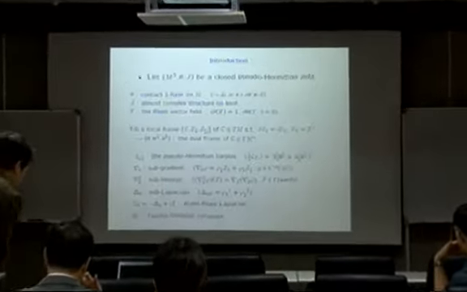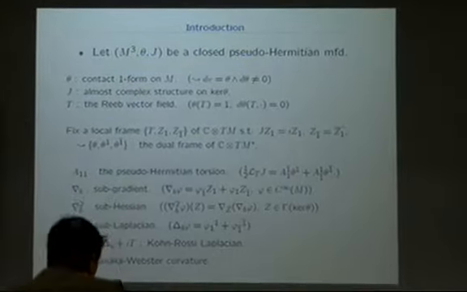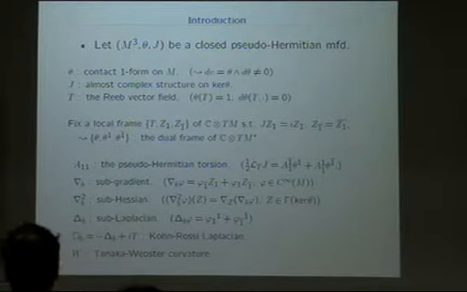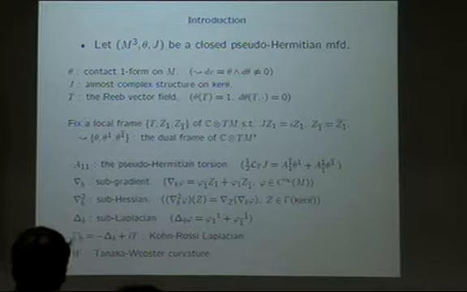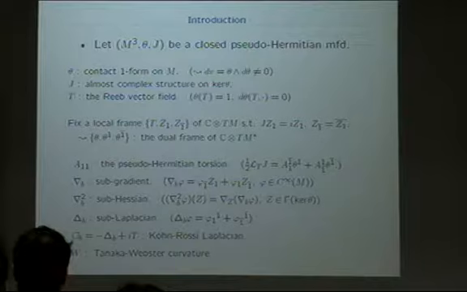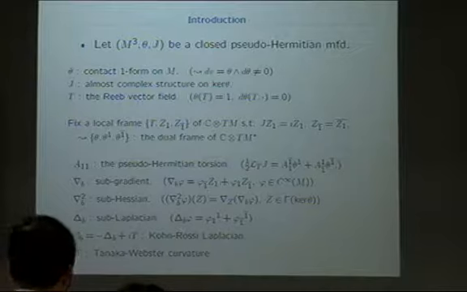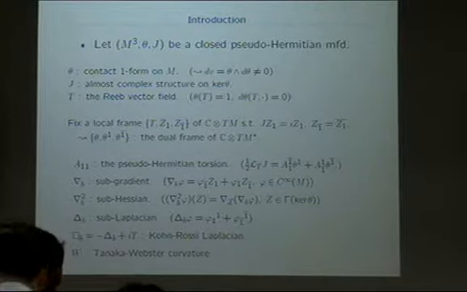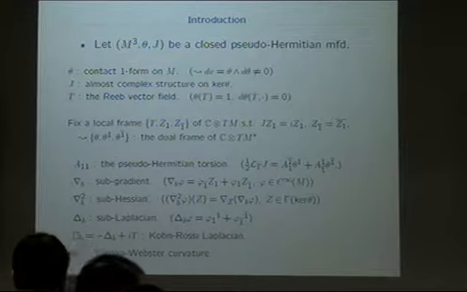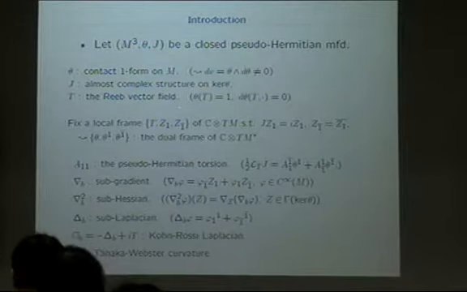It's known that on every strongly pseudo-convex manifold we have these structures: a contact one-form theta, an almost complex structure on the contact distribution, and the Reeb vector field T. Actually, the Reeb vector field is sometimes denoted by Xi, but here I want to use the symbol T. Next, we fix a local frame field because the dimension of M is 3, so we have this local frame.